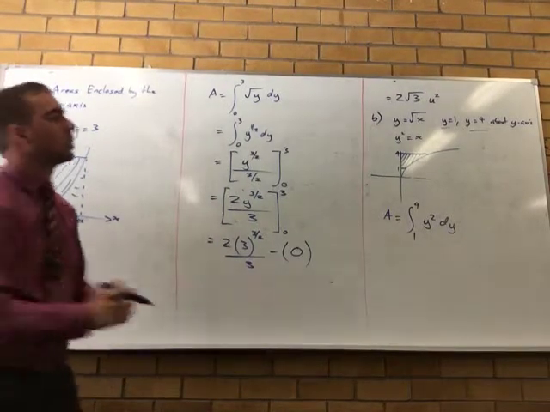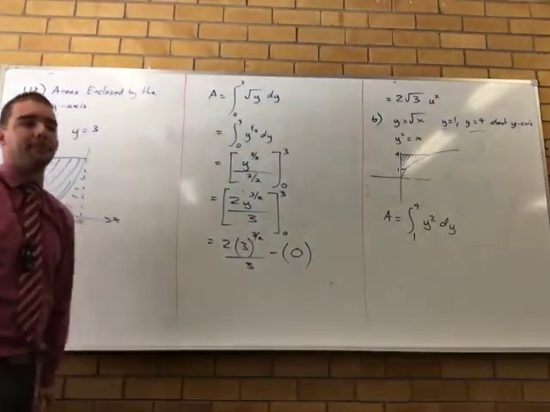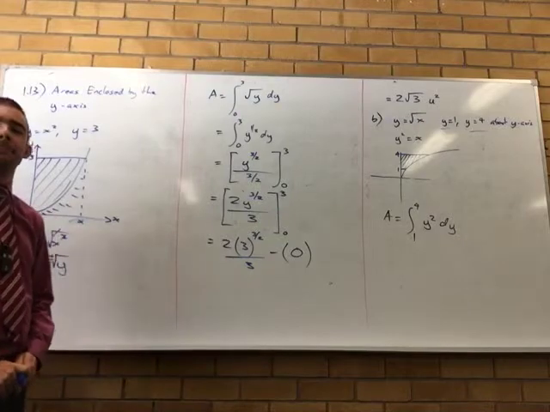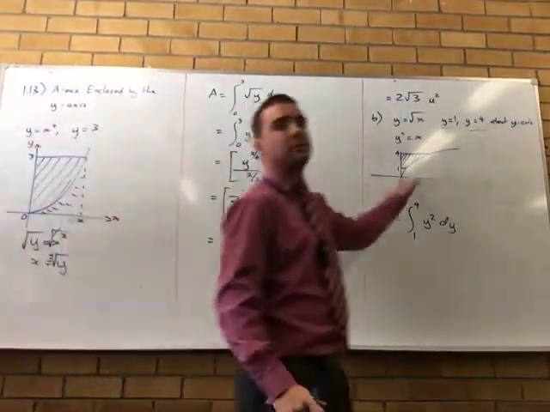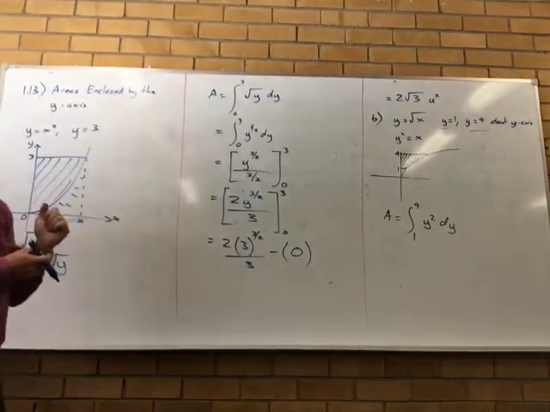What Michaela was getting at, this is your sideways parabola, really. x equals y squared, and that's the top half of it, because we only need the top half because the bounds are in the first quadrant.